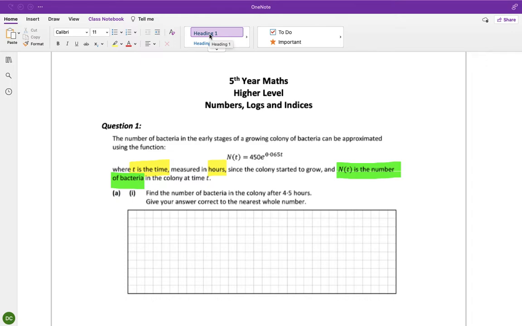So 4.5 hours is a time. The number of bacteria equals 450 e to the 0.065, and in place of t I'm going to put in 4.5.